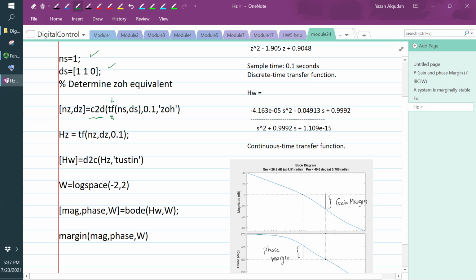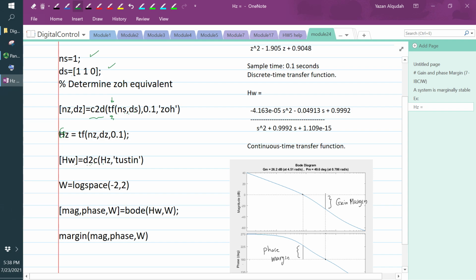If you're using MATLAB, you don't need the TF. You can just use C2D, NS, comma DS. Okay, so we're going to get NZ, DZ, and then this will give me G of z. This H of z is G of z. And then I can transform this to the W plane by doing D2C, HZ, TUS, TN. And therefore, this will give me HW, and then I can use that to plot the Bode plots.